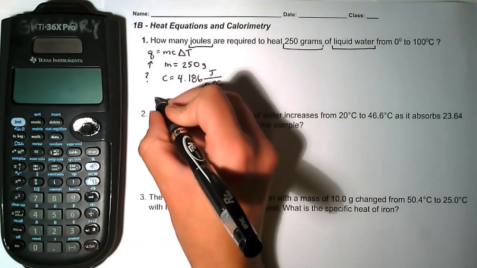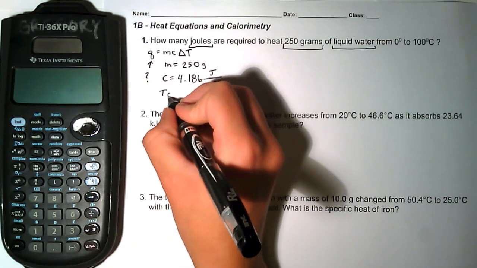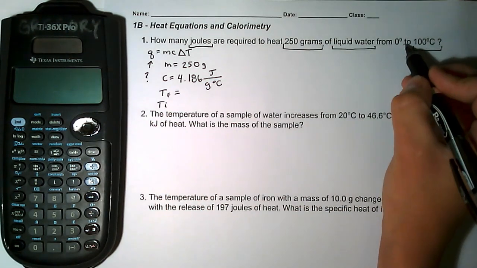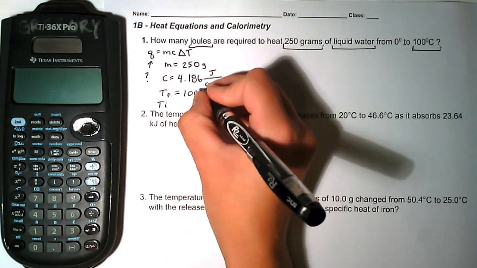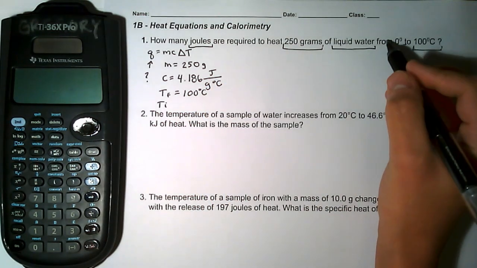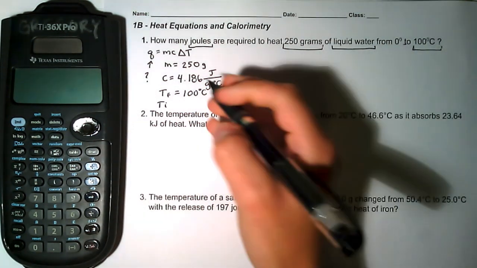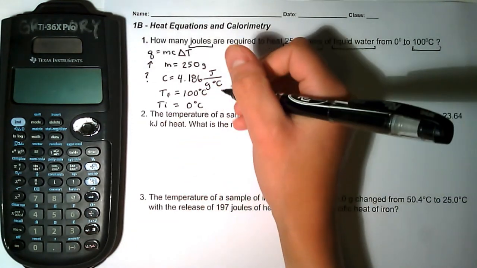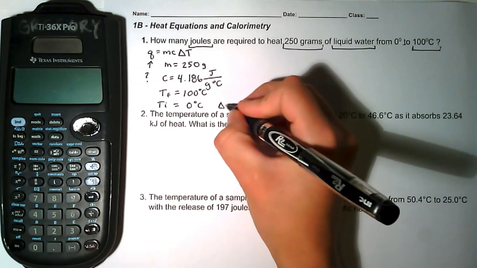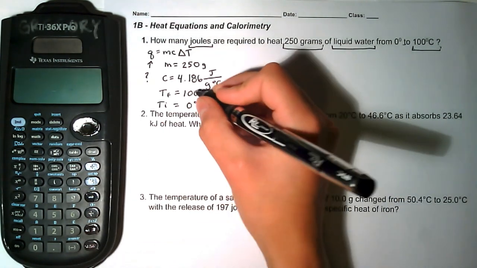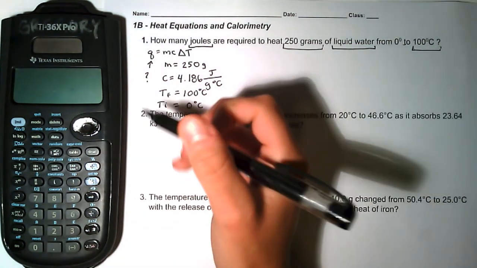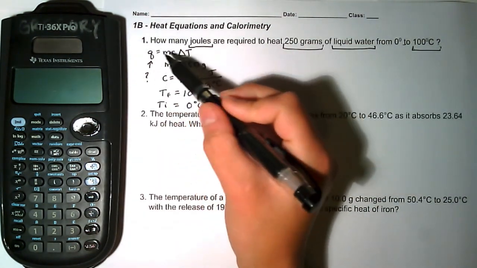And then delta T is going to be T final minus T initial. Our final temperature is 100 degrees Celsius, and we're starting from 0 degrees. So T final minus T initial gives us delta T, which is 100 minus 0, so 100 degrees Celsius. Now all that we have to do is plug these values into our equation.